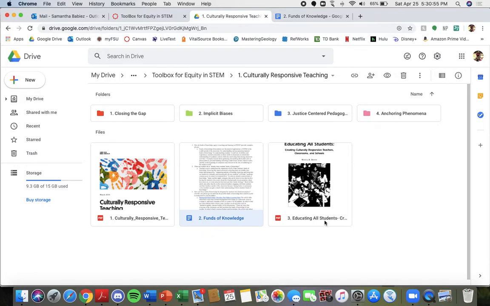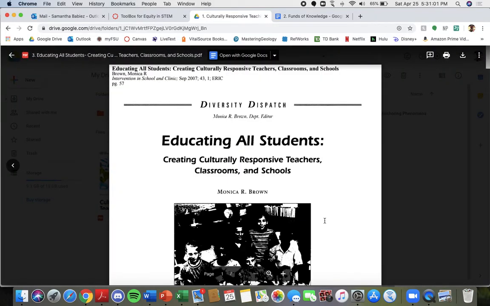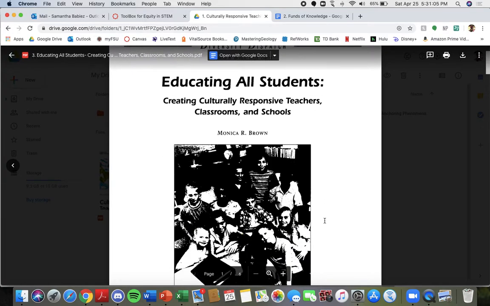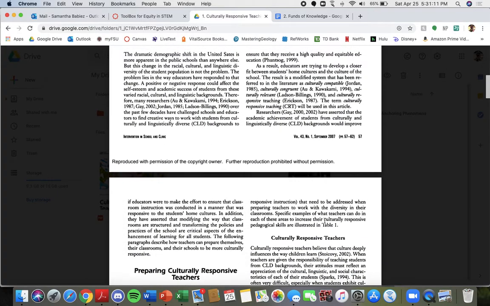And so the last one that I have outside of the 4 folders is educating all students, which was a peer-reviewed article that I went and found on ProQuest that I had posted during week 14. And this was one of the articles that I shared when we did our sharing in class.